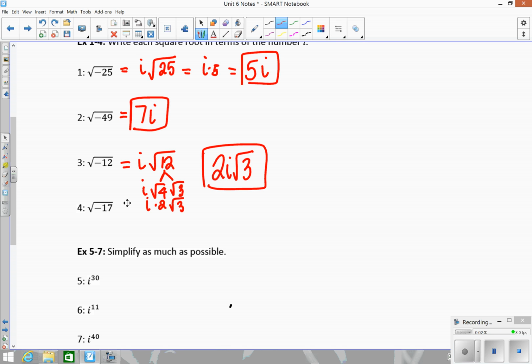And then the last one here, this 17 doesn't break up any further. So this one's just going to be left as the square root of 17 times i, just to get rid of that negative. You don't ever want to leave a negative in your answer under a square root, so you've got to remember to do the i.